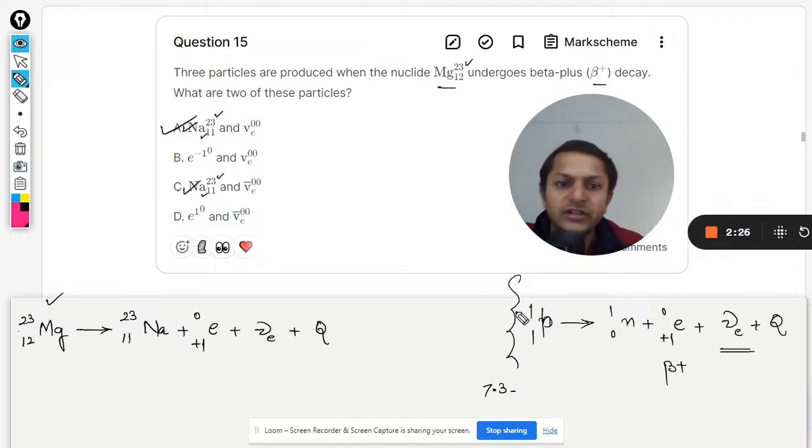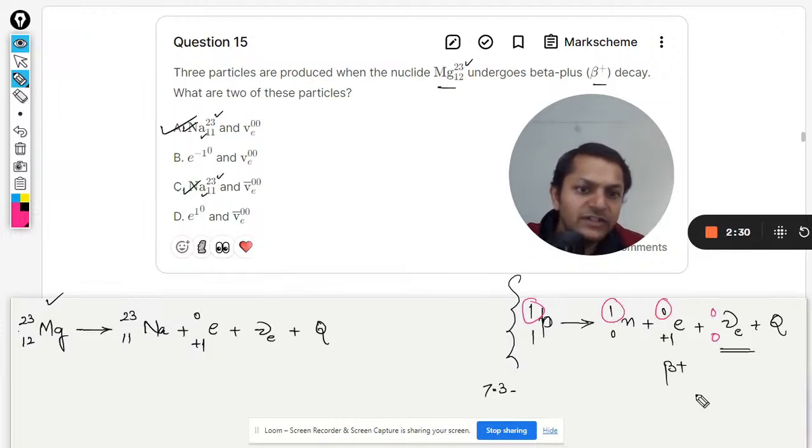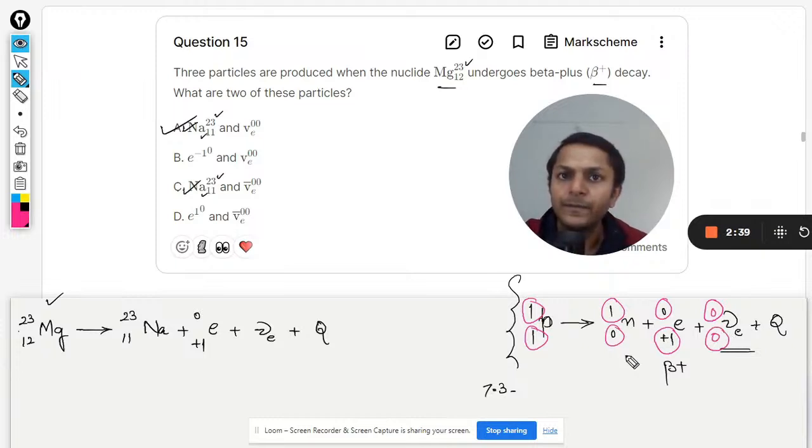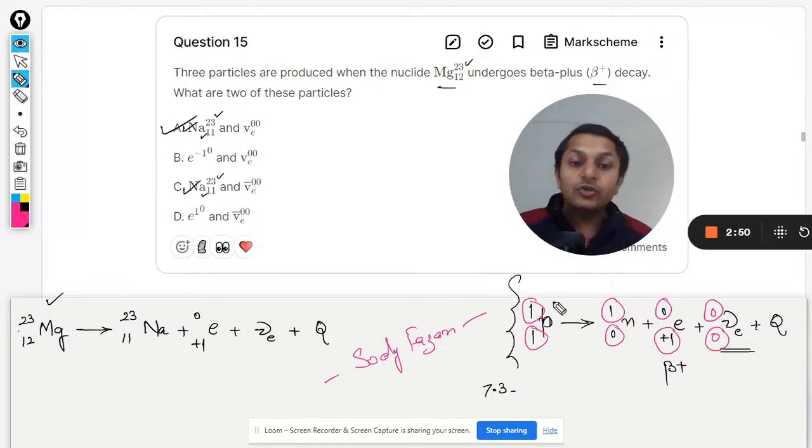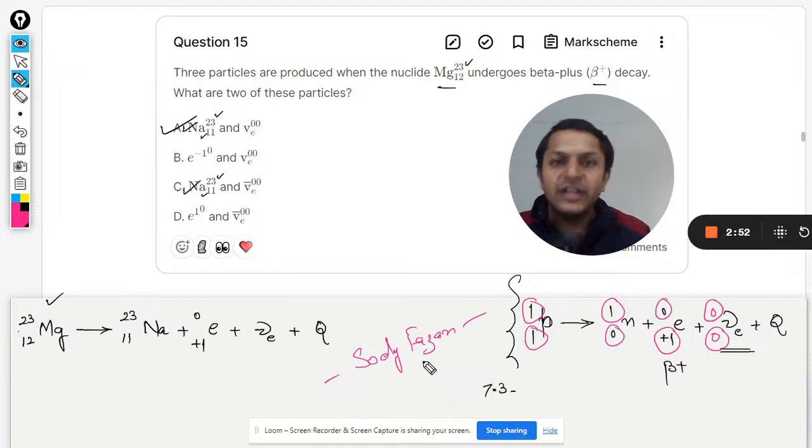You can clearly see 1 is equal to 1 plus 0, and here 1 is equal to 0 plus 1 plus 0. This is known as the Soddy-Fajans rule, but that is not actually in your syllabus. You already know this thing, but you don't know the name, so I have given you the name. This is how we do this question, my dear student.